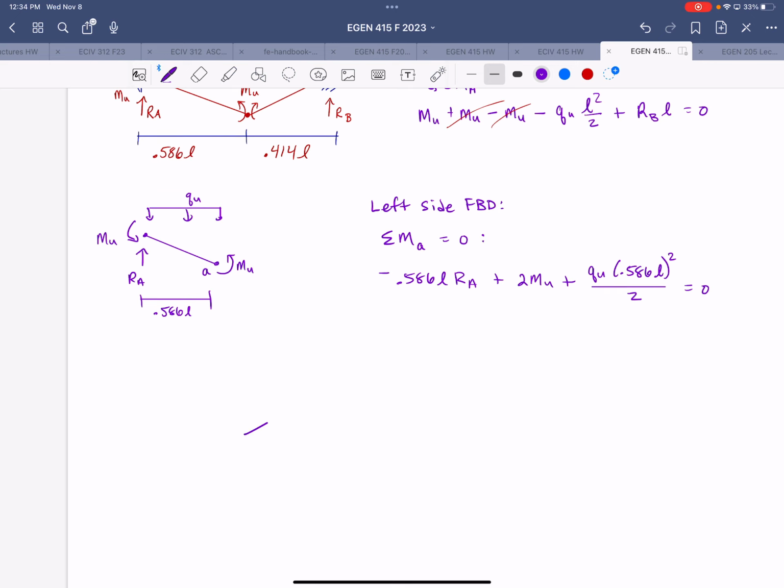So then we'll look at the right side free body diagram. So here we have our little point a, Mu, reaction at B, and distributed load.